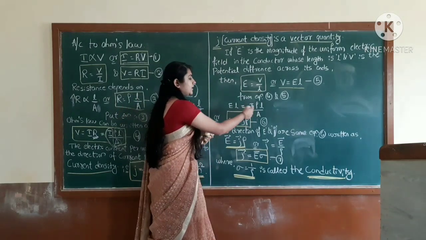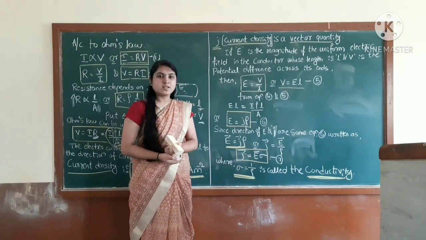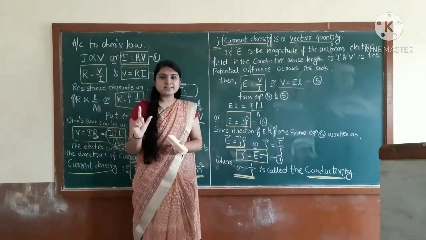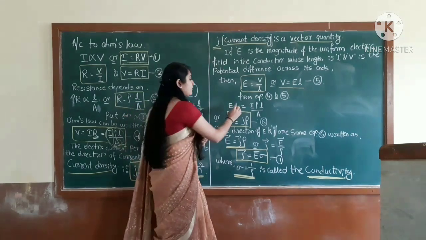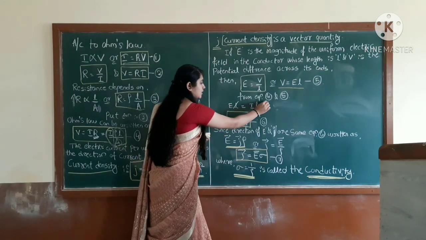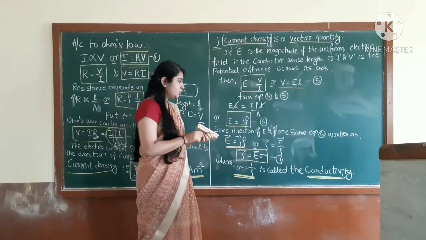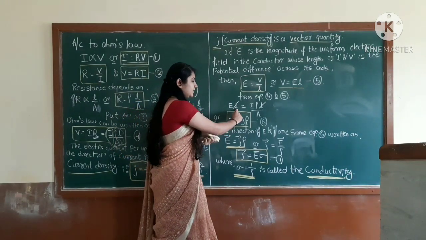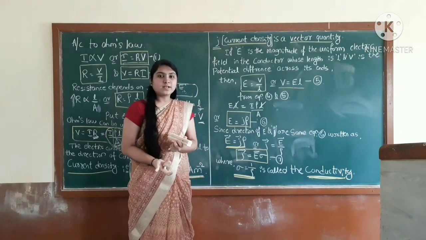Just see whether the same terms are present on both the LHS and the RHS. Yes, of course, one term is present, the length of the conductor, correct. So I will cancel it. If I cancel the length from this side and the length from this side, what will remain?